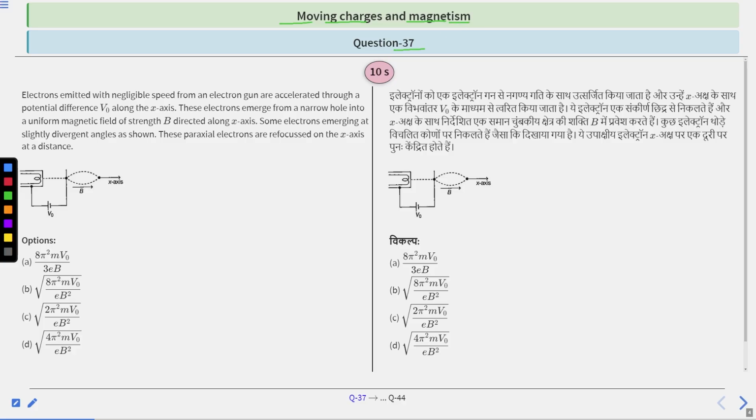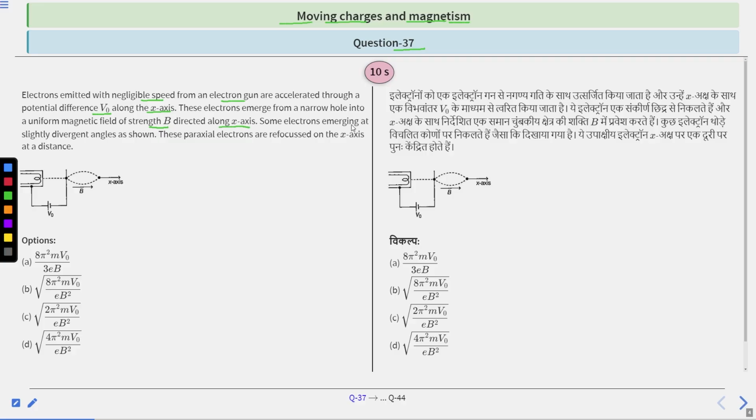Question 37. Electrons emitted with negligible speed from an electron gun are accelerated through a potential difference V0 along the x-axis. These electrons emerge from a narrow hole into a uniform magnetic field of strength B directed along the x-axis.